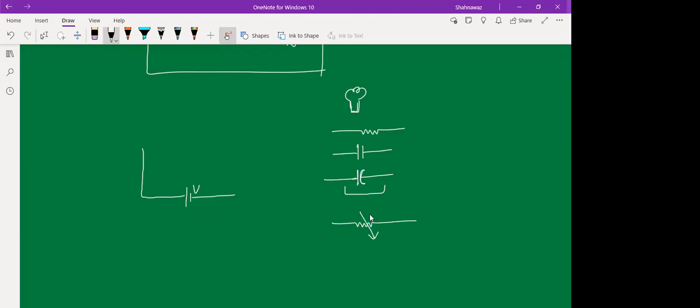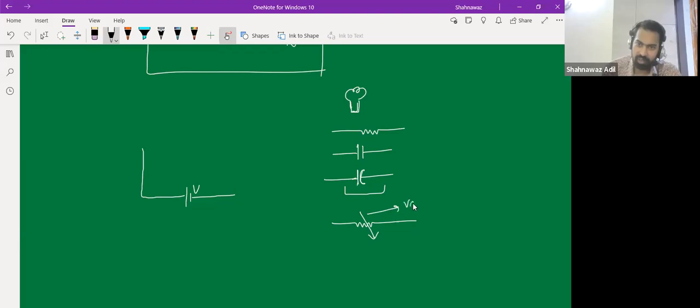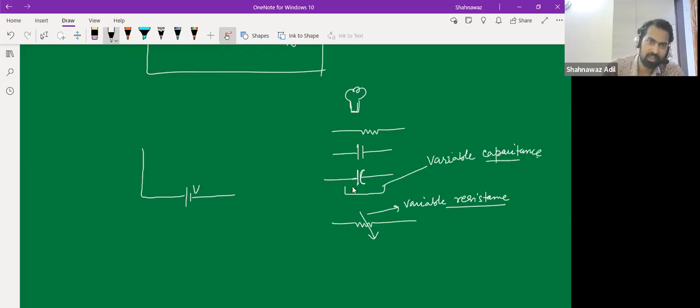Rheostat, right? Rheostat meaning variable resistance, so in a rheostat you can vary the resistance. Good. And this is the notation for variable capacitor. So these are the different notations.